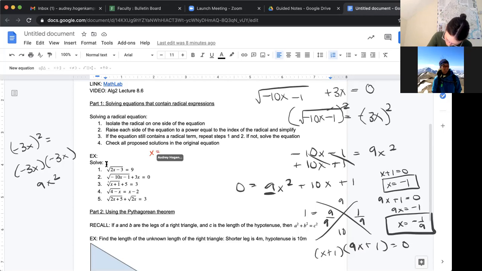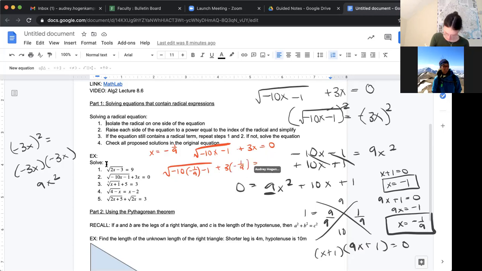Our original equation is square root of negative 10x minus 1 plus 3x equals 0. So I'm going to plug in negative 1/9. Negative 10 times negative 1/9 minus 1, plus 3 times negative 1/9 equals 0.